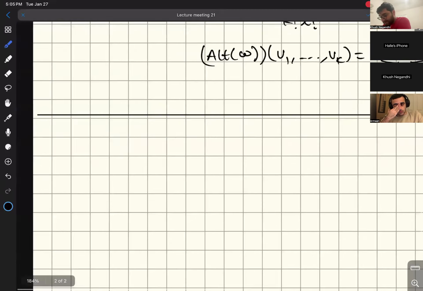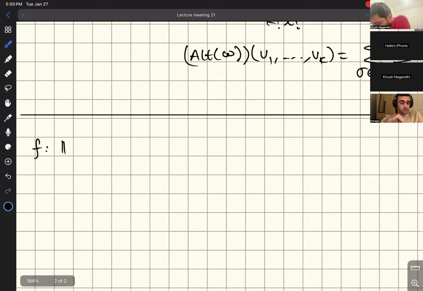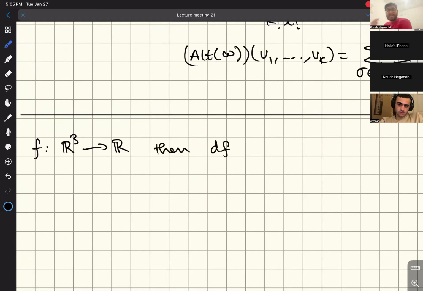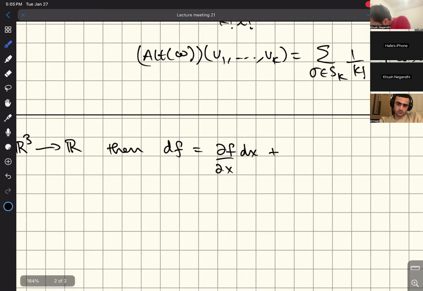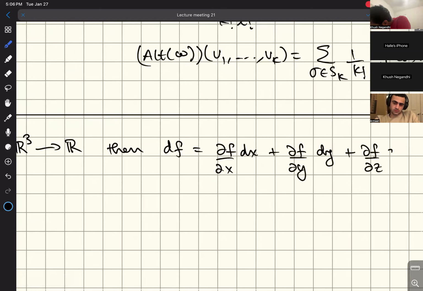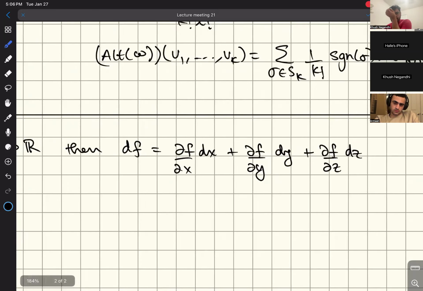Let's say you had some function f from R3 into R, and then you took the differential of this function and called it df or something. And all it was is partial f partial x dx plus partial f partial y dy plus partial f partial z dz, right? And now you might have wondered to yourself, okay, what is happening here?